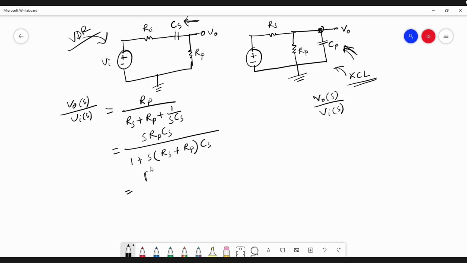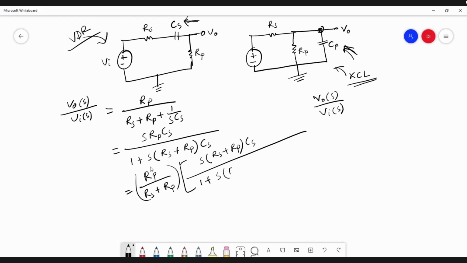We can write Rp divided by Rs plus Rp, and then on the top s into Rs plus Rp into Cs, divided by 1 plus s into Rs plus Rp Cs.